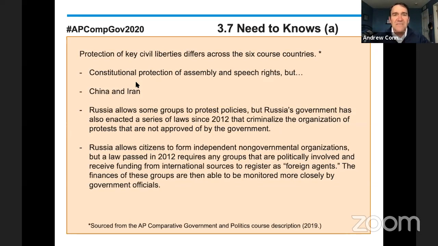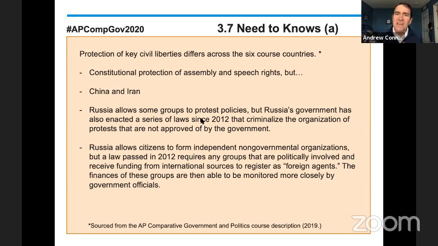Russia, we're going to see, in fact, in this topic 3.7, there's a definition of Russia as what we call illiberal democracy. And you'll see that content note here in a moment. But remember, Russia does allow some groups to protest policy. There are some groups that protest Putin or policies from the central government.